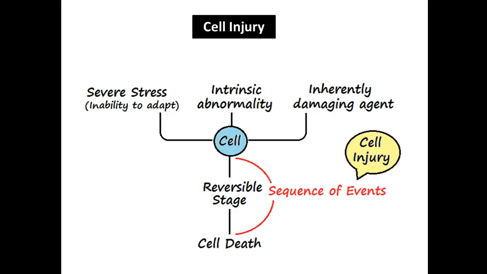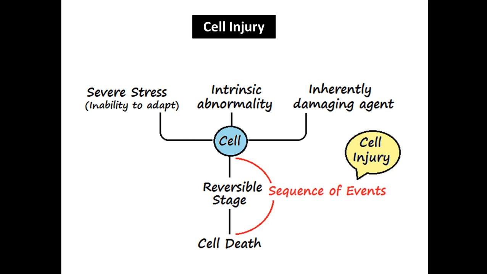We know that when the cells are severely stressed, mostly in the initial phase when the cells are stressed, the cells undergo adaptation and adjust themselves according to the new steady state.